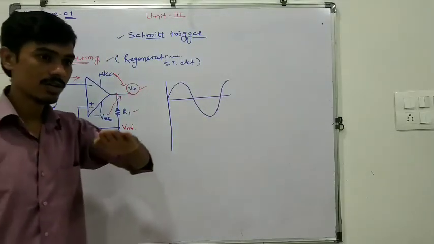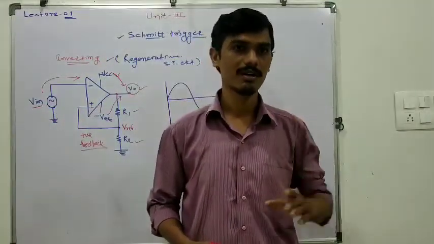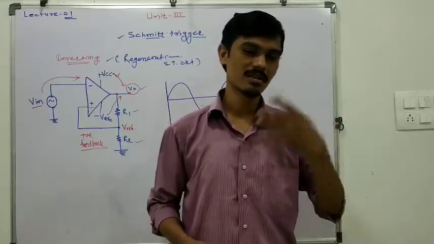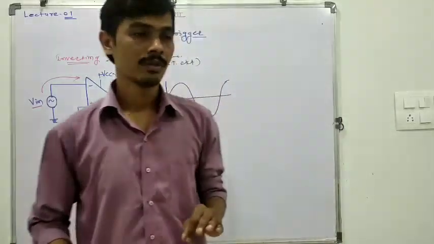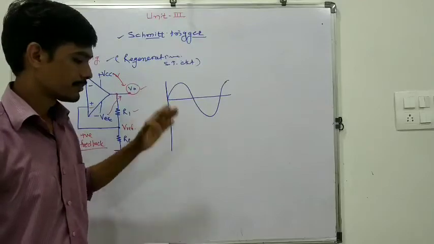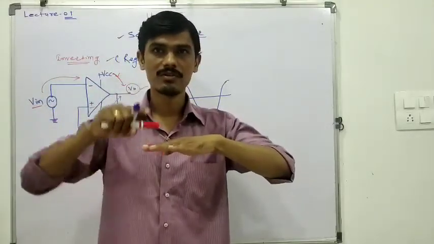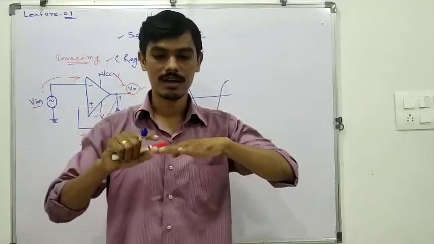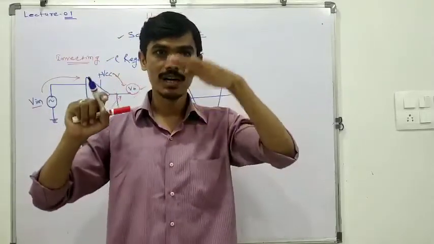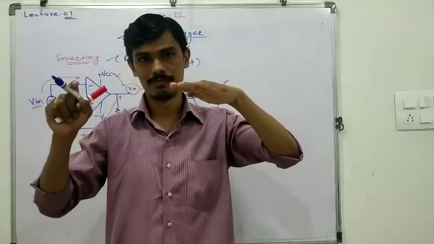Depending on the reference point, the comparator and Schmitt trigger circuit are covered in analog electronics one, and you have already learned them. Still I recall this point. For the inverting comparator, if we provide an input voltage above the reference voltage, from that reference point we get an inverting output, that is an inverting square wave.